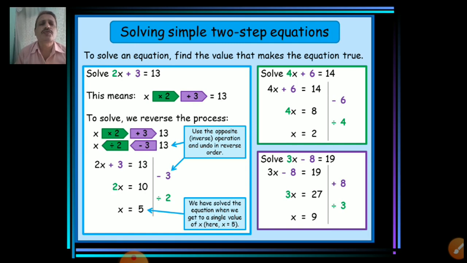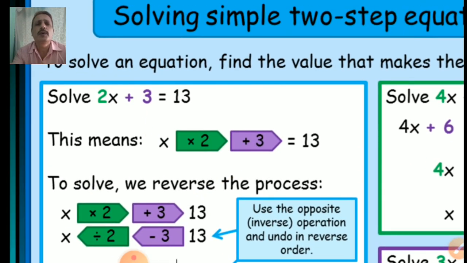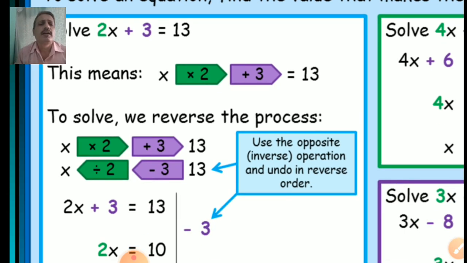Here are steps showing all kinds of operations together. 2x plus 3 is equal to 13. Yes, my dear student, how to find it? First of all, this 3 has to move to the right side. So step by step you have to find the solution. This 3 moves to the right side, so it becomes 10.